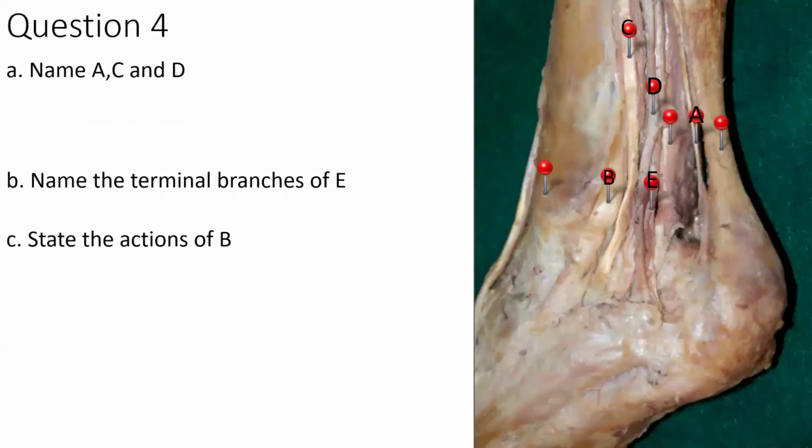Okay, now on to the fourth question, which is testing your knowledge of the tarsal tunnel. The tarsal tunnel is roofed by the flexor retinaculum, which has been removed here to expose the structures of the tarsal tunnel. You can see the structures of the tarsal tunnel starting with B here.